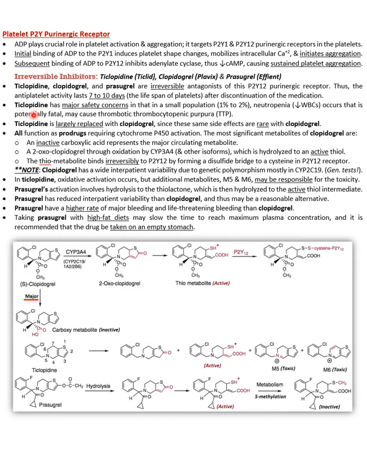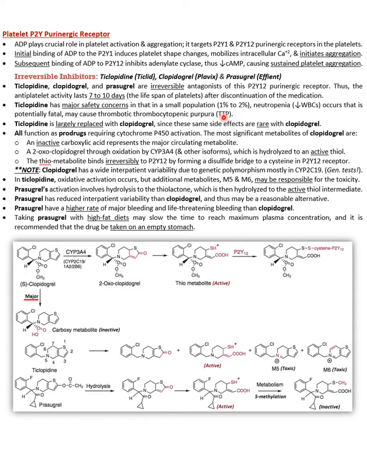In the case of ticlopidine, it actually has a major safety concern because about 1 to 2% of the people who take this medication develop neutropenia, which is a reduction in the white blood cells, and this is potentially fatal, and it can cause thrombotic thrombocytopenic purpura, also known as TTP.